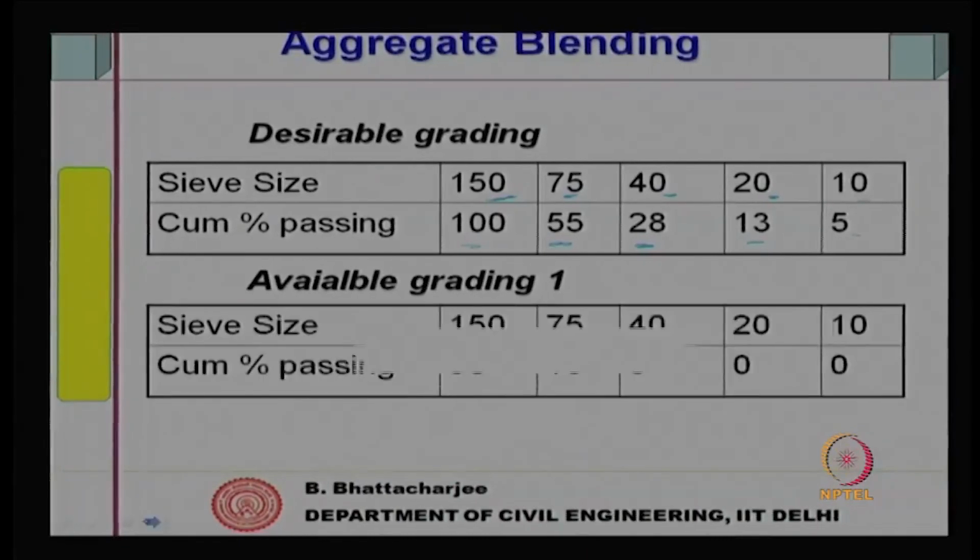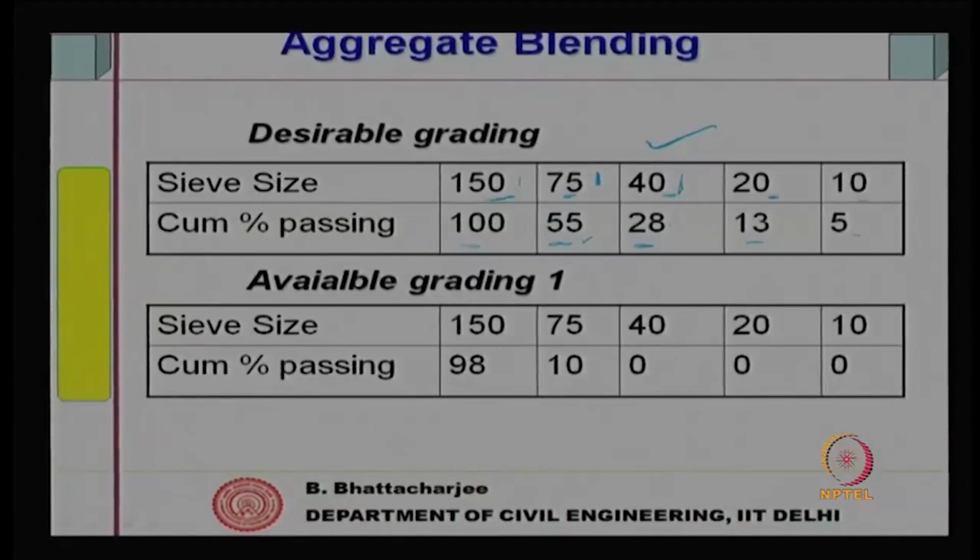Let us say this is the available grading, and this is my desirable grading. Just as an example, how do you do blending? I want 100% to pass through the 150 mm sieve, 55% to pass through the 75 mm sieve, 28% to pass through the 40 mm sieve, and so on.